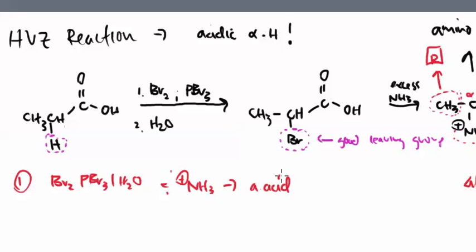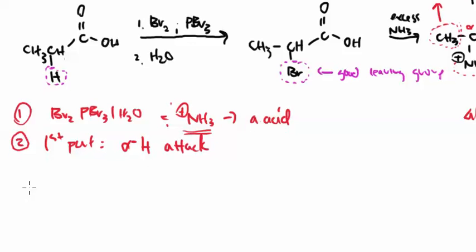It's an HVZ reaction, but because we're adding the NH3 group here on the second run, then that is basically making an amino acid for me. That is doing the substitution. So really in the first part of the reaction, what we have is an attack of the alpha hydrogen. So we get an alpha hydrogen attack, the hydrogen gets pulled off, and Br goes on in its place.